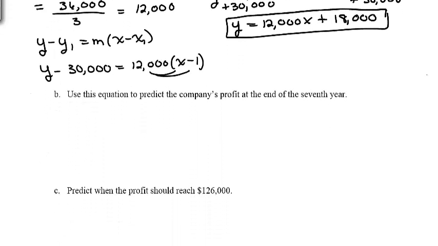Now we want to use this equation to predict the company's profit at the end of the 7th year. The end of the 7th year means that x is equal to 7. So we're going to replace the x in this equation with 7 and calculate our profit y. So that's 12,000 times 7 plus 18,000.